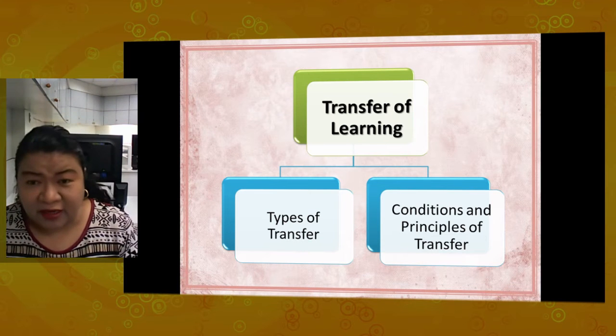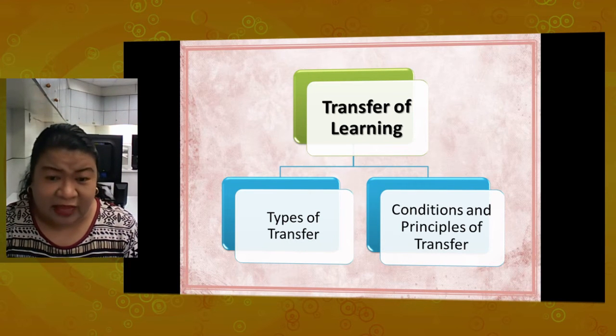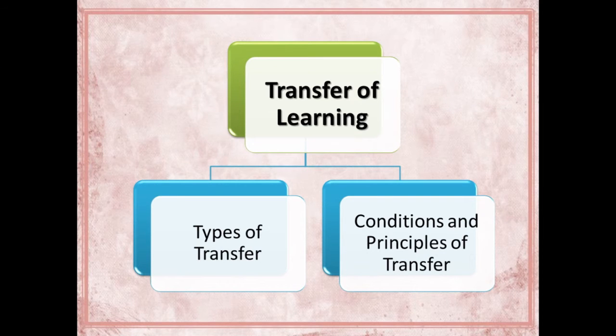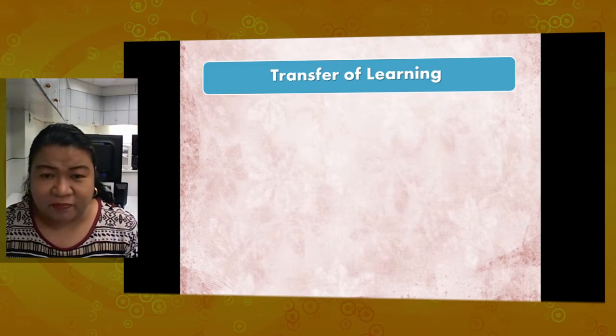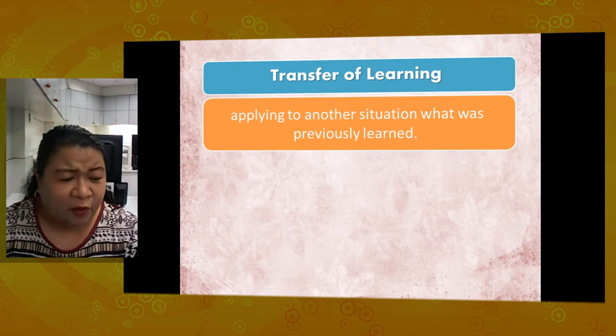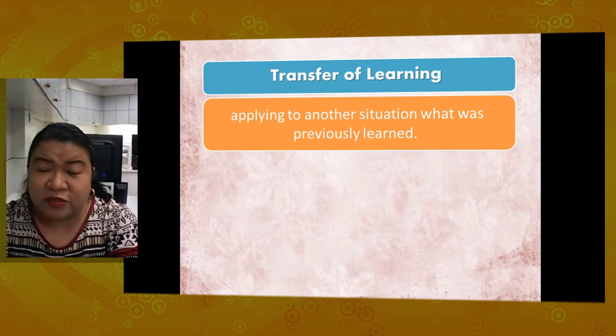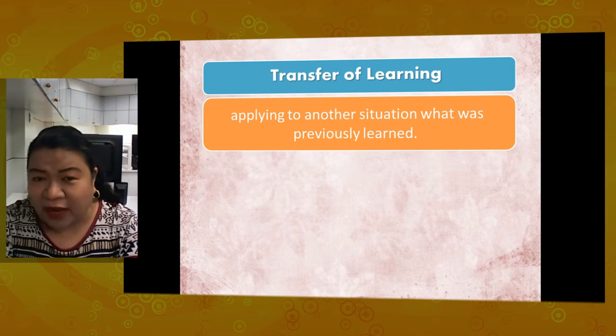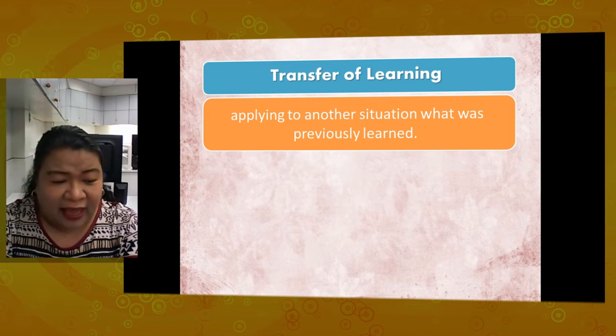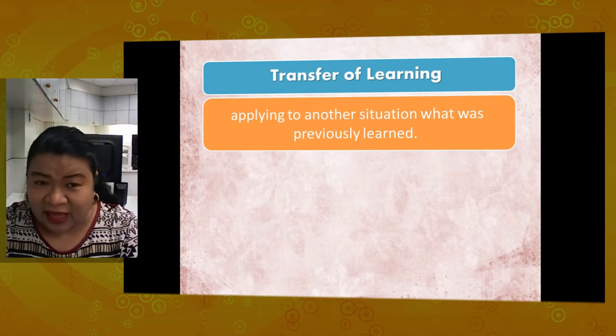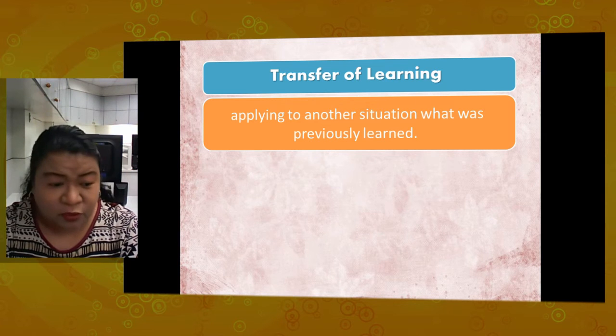Transfer of learning will focus first on the types of transfer and the conditions and principles of transfer. Now, teachers want their students to be able to apply what they learn, especially the skills that the teachers have taught their students.